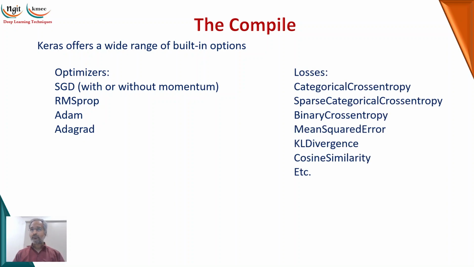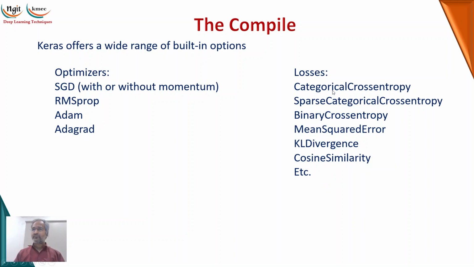And losses. What are the various losses available? Here: categorical cross entropy, sparse categorical cross entropy, binary cross entropy, mean squared error, KL divergence, cosine similarity, and a number of other loss functions are available.